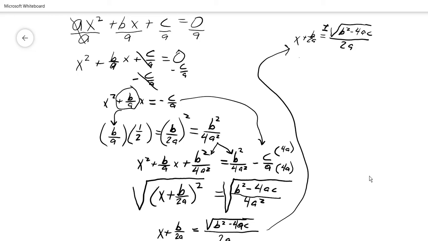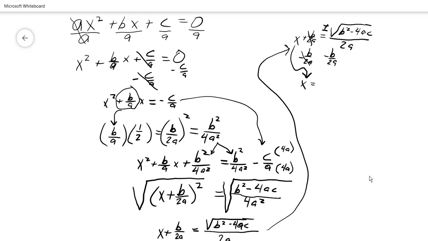So I need to get rid of this b over 2a, and I'm just going to go minus b over 2a on both sides. Do it to one side, do it to the other. Now here, anything minus itself is 0. The only thing left on this left-hand side of the equal sign is x.